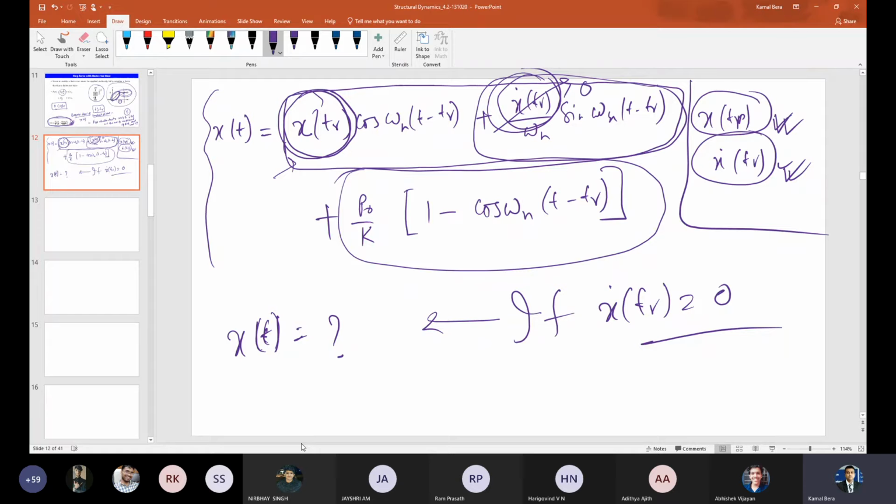Again, mathematical manipulation. Remember that TR by Tn equals either 1 or 2, whatever you can put. Let's say 1, for simplicity. So TR by Tn equal to 1, and Tn is nothing but 2 pi by omega n. That is already known.